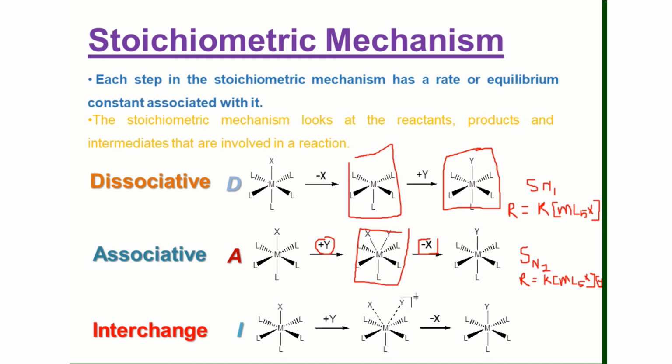We can think that this one is then operating, whereby this is the transition state here. I can even show with a point, showing that this one is in the transition state. It's not clear whether Y was inserted before X was leaving or not.